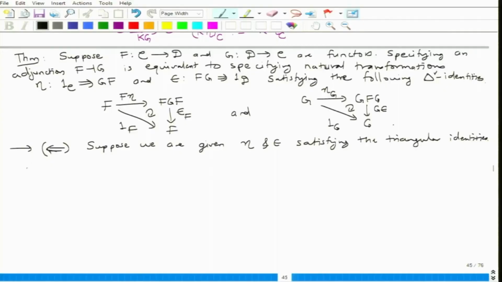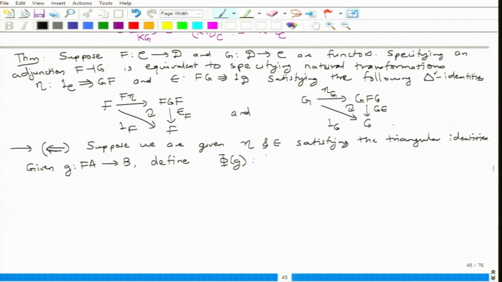Okay, so given g from FA to B, define phi g. Phi g I need to define from A to GB.